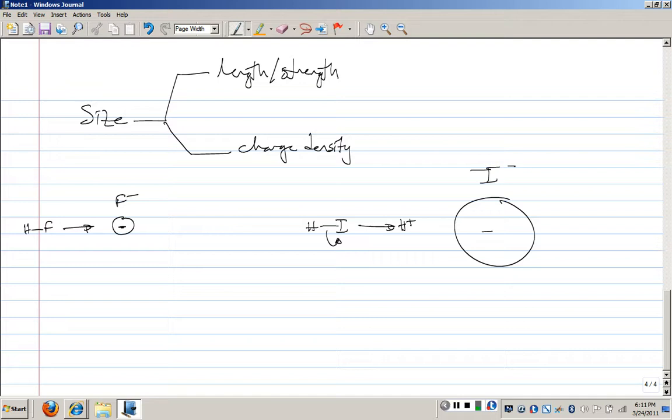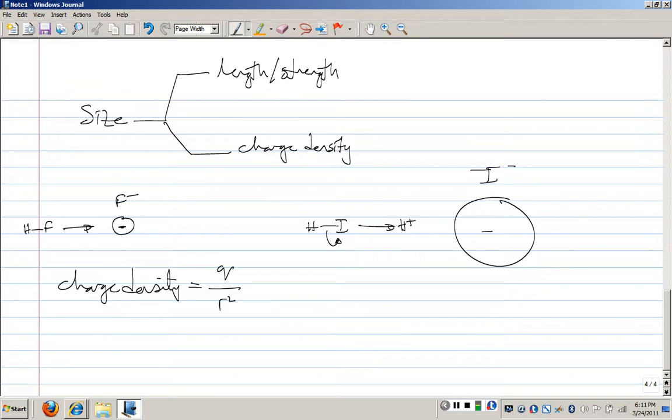But in the fluoride, the charge density, which is the charge over the area, is different. The charge density is a measure of the intensity of the charge. How intense is the force field around the ion?